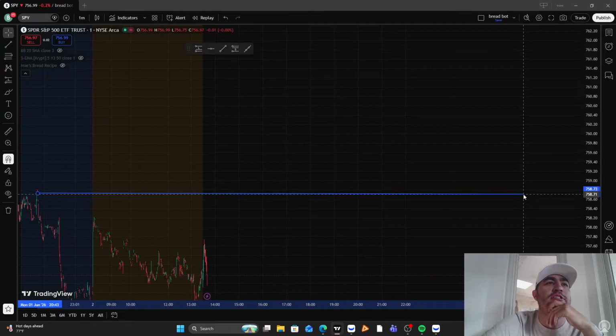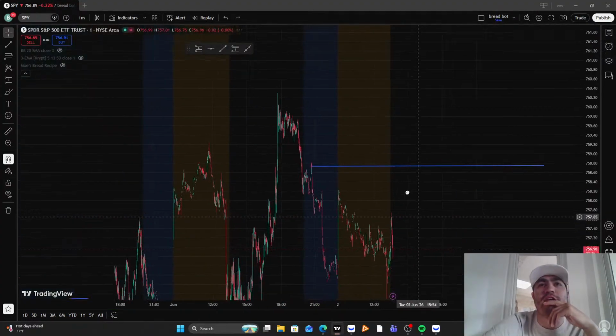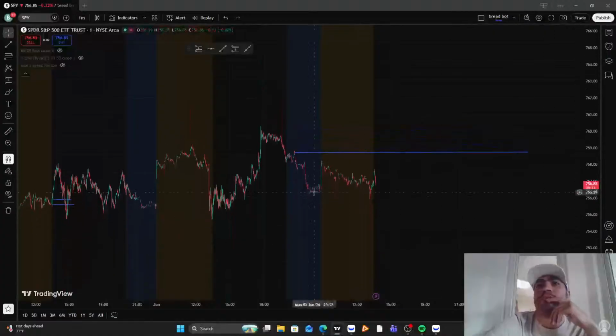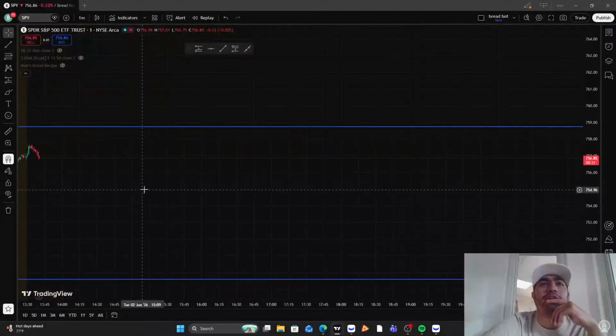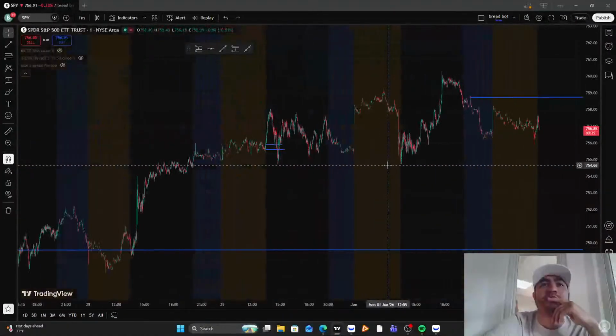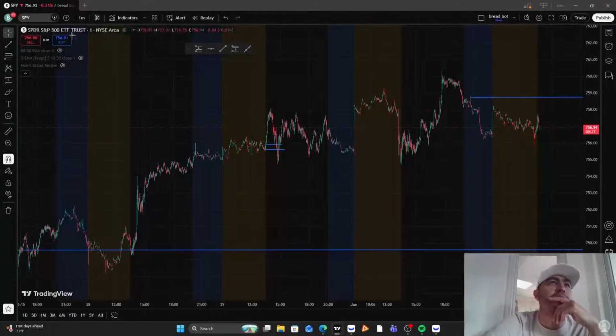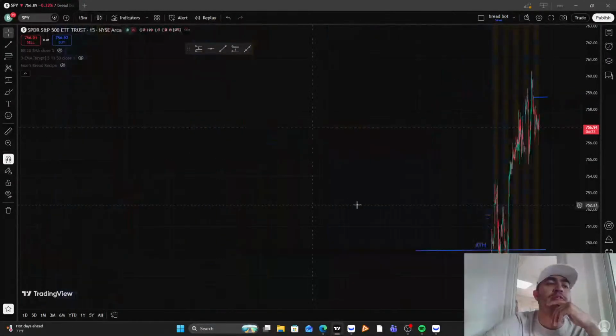Set ourselves up for possible success. Not saying that we're going to come back up here and fill this gap, but I kind of like having it there just to see. And what do I have this blue line down here for? Let's go back down to a 15-minute.